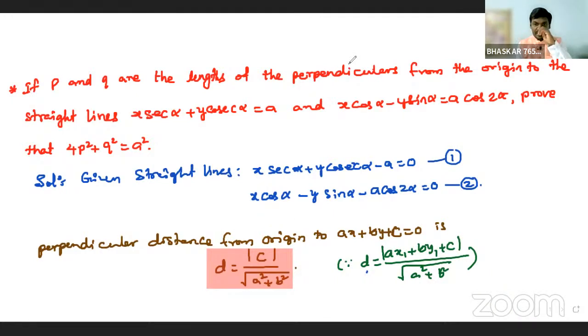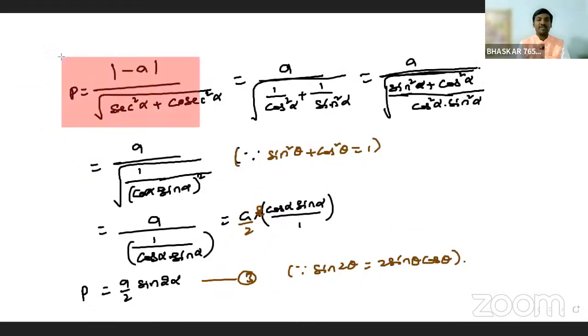After that, what are the important steps? First, considering the p value, finding p, which is the perpendicular distance from the origin to the first line.